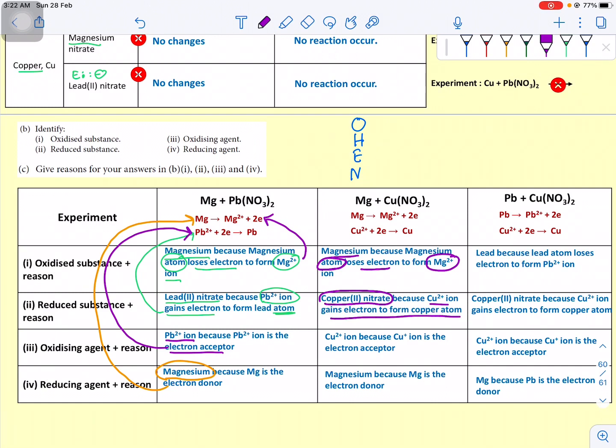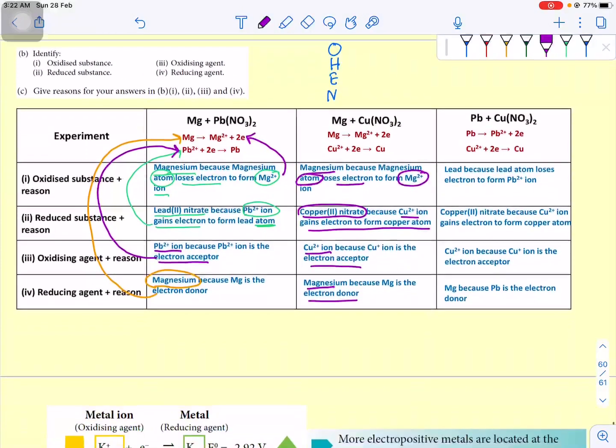Or maybe you want to talk about oxidation number pun betul. Oxidation number for copper decrease from positive 2 to 0. Oxidizing agent is copper(II) ion because it is electron acceptor. Mana tahu? Tengok pada half equation. Reducing agent is magnesium. Why? Because magnesium is electron donor.